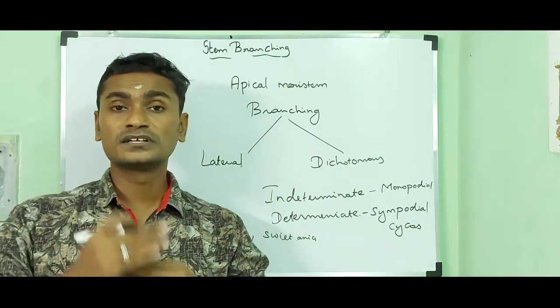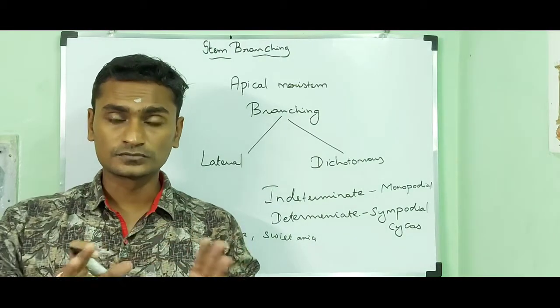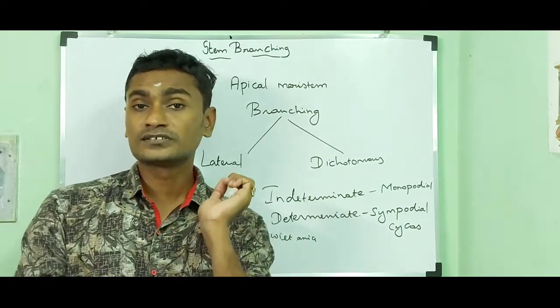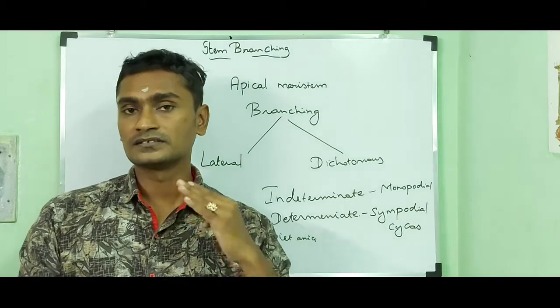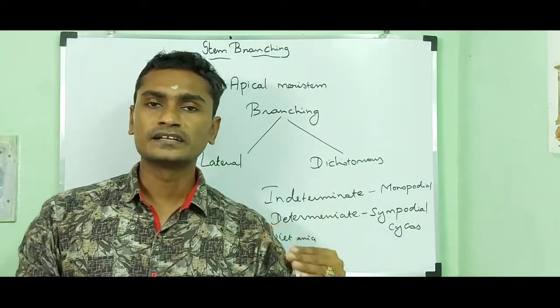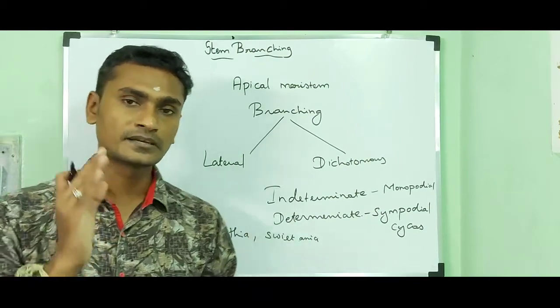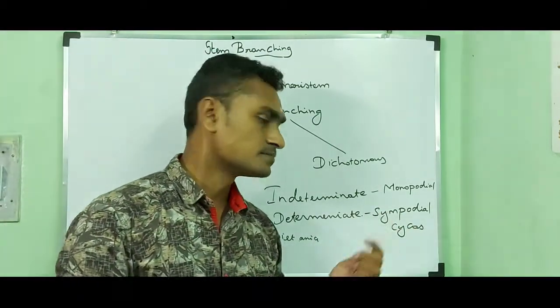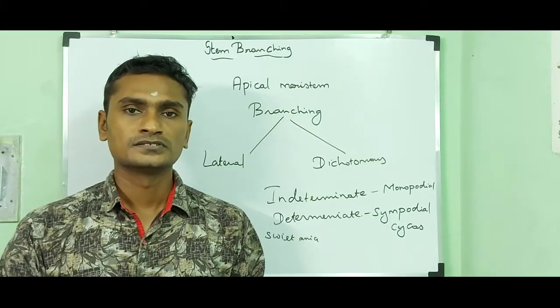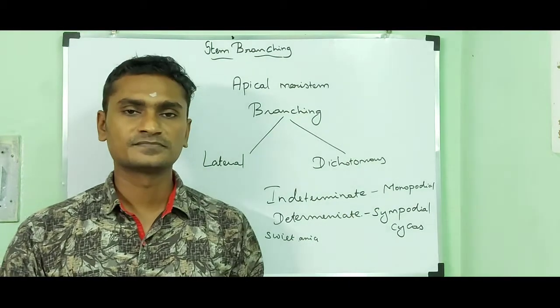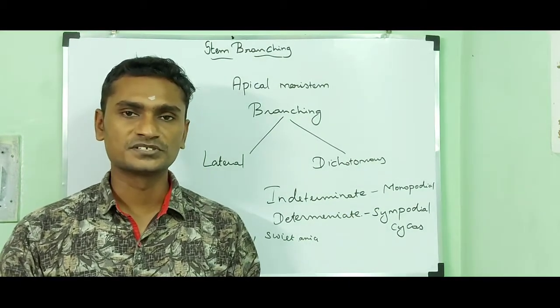So the terminal bud stops its growth after a growth period, then the further growth is taken care of by the several lateral meristems or buds, and that type of branching is called as sympodial branching. Example, Cycas.